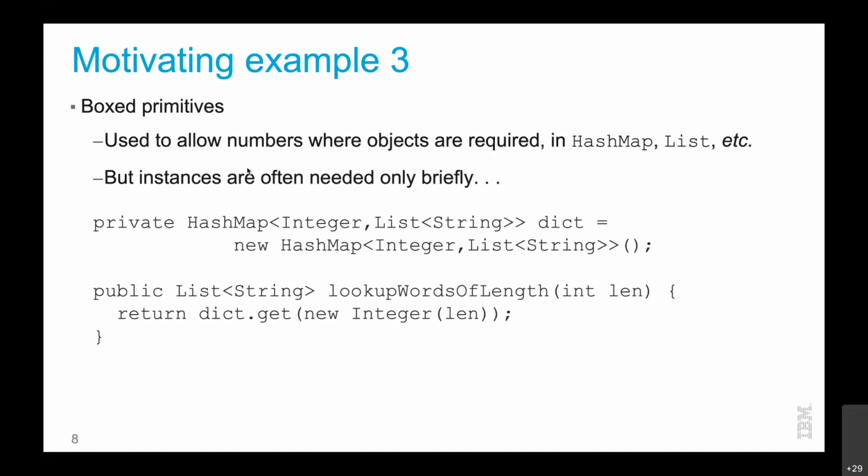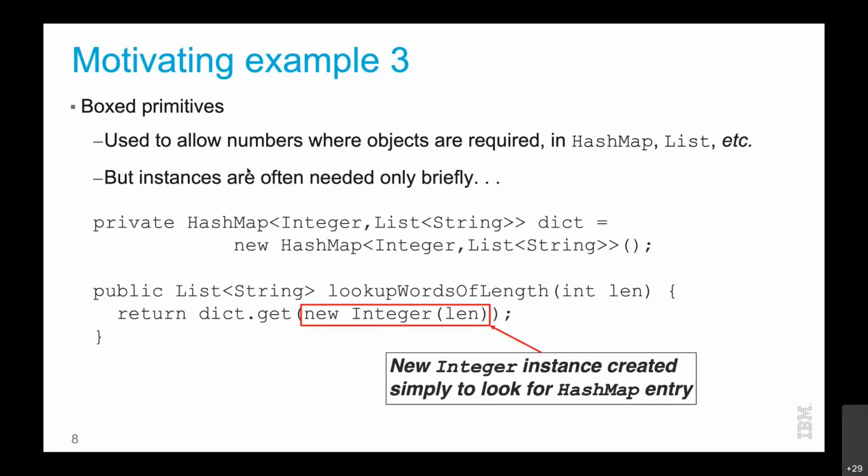And in this particular case, when I'm given a primitive length, I need to get an integer object that has that length as its value in order to look up the words of that length in the dictionary. So again, I'm creating an integer object here. It could also be done through valueOf, but the point is that we're getting an integer object that's created simply to look for the hash map entry, and then it's discarded.